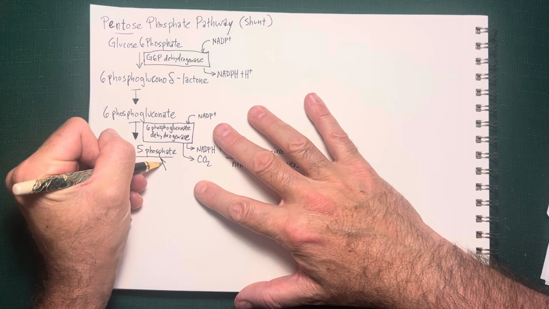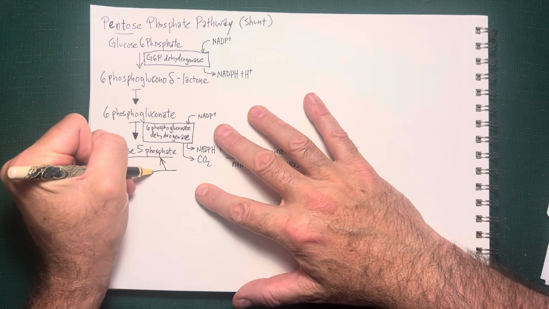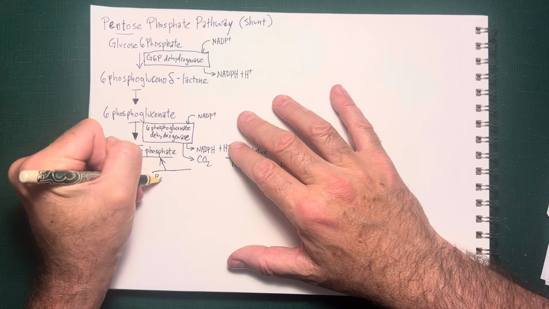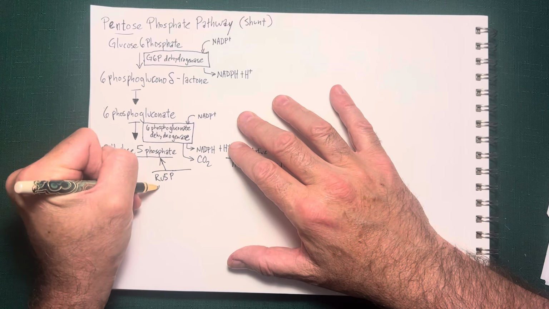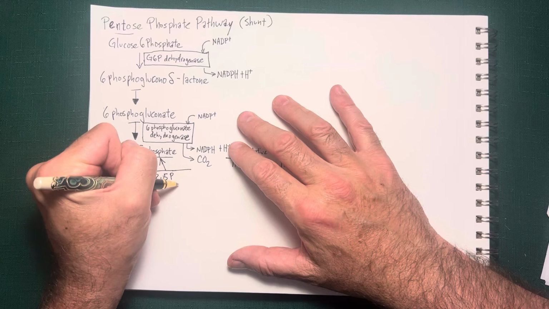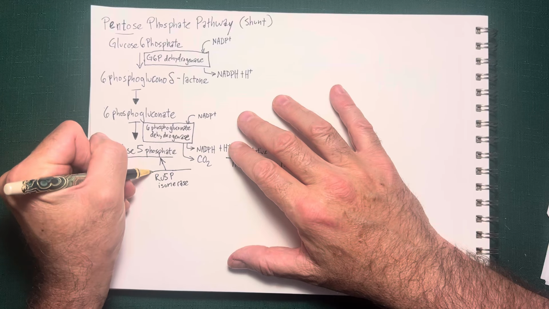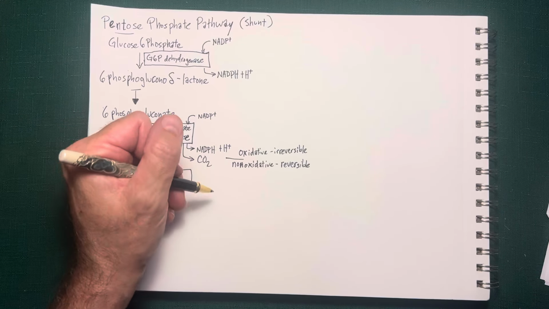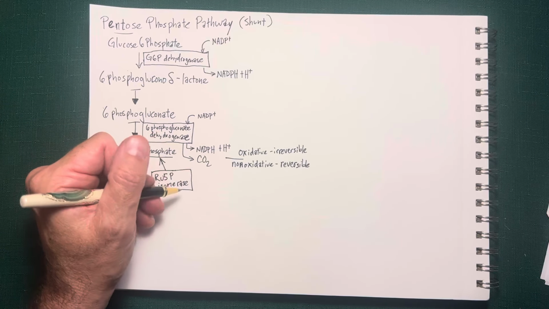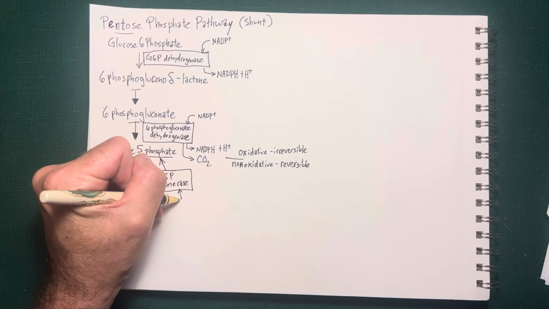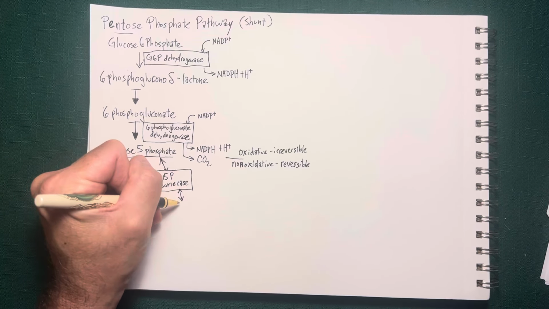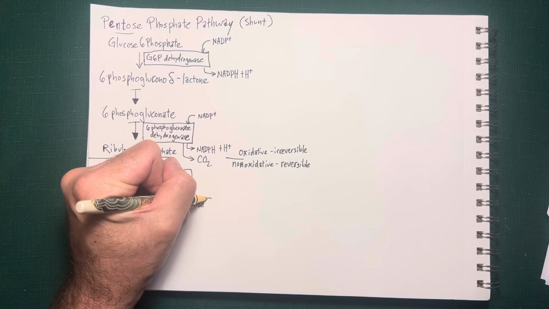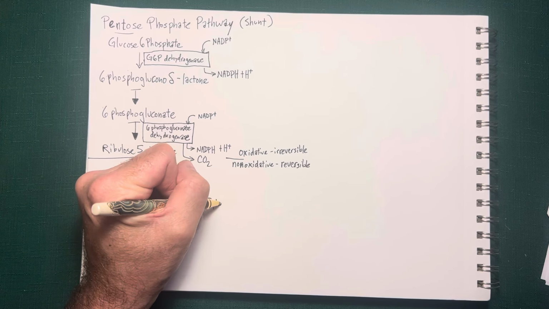So here, reversibly, I'm going to go this way, and I'm going to use ribulose 5P isomerase. And we're going to isomerize our ribulose 5-phosphate. And that is going to give us ribose 5-phosphate.